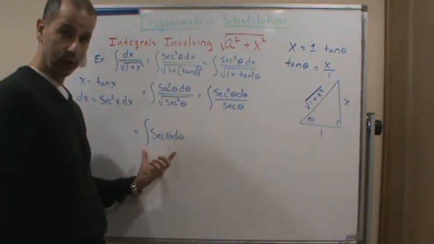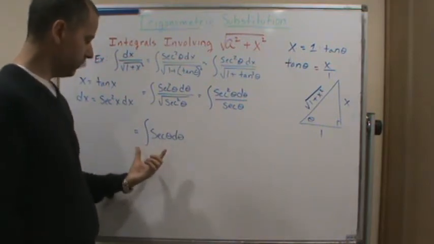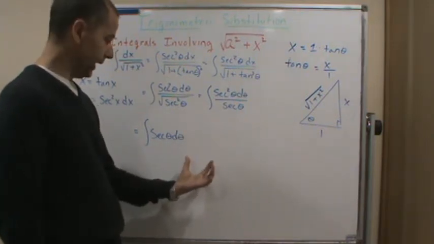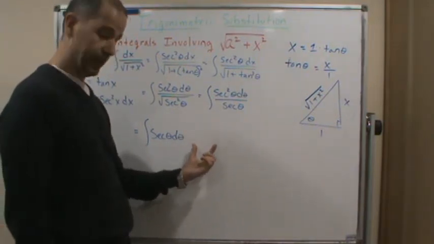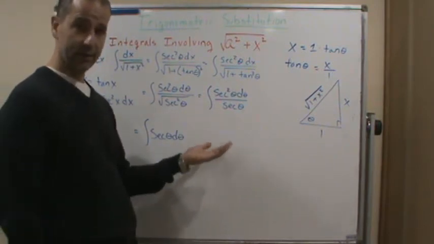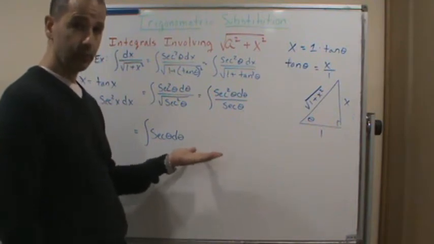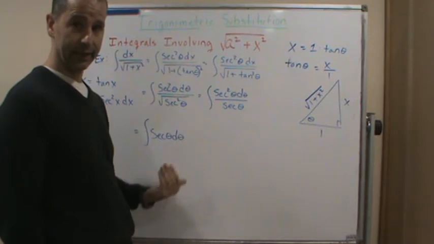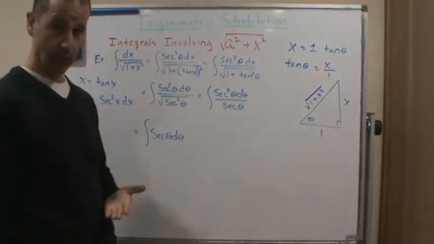It's going to involve multiplying the top and the bottom by a form of 1, and then using some u substitutions, and that's where you get the natural log and things like that.